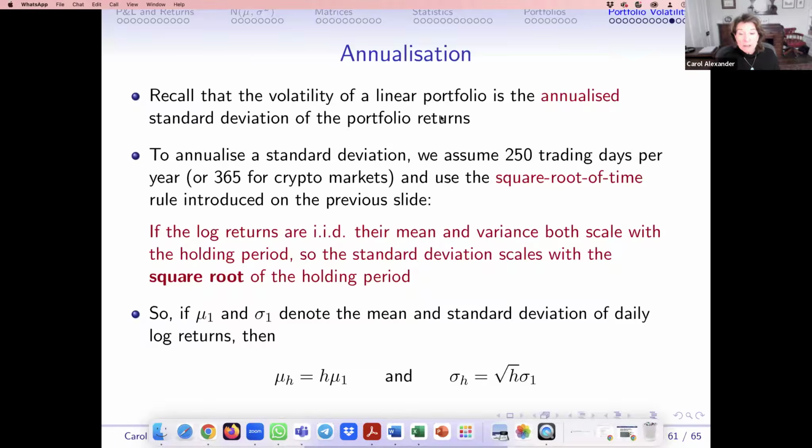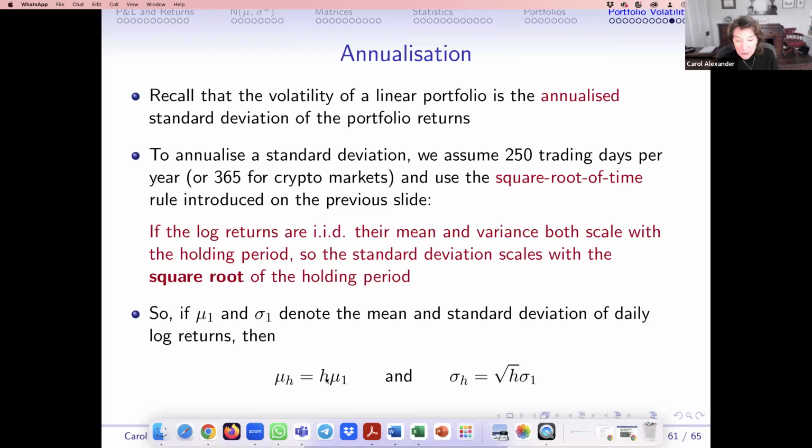So the mean and variance of annualized returns would be 250 times the mean of the daily returns, or the variance of the daily returns. But then the standard deviation would be the square root of 250 times the standard deviation of the daily returns.